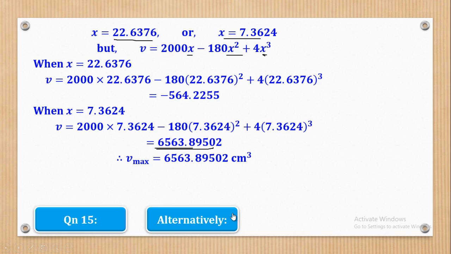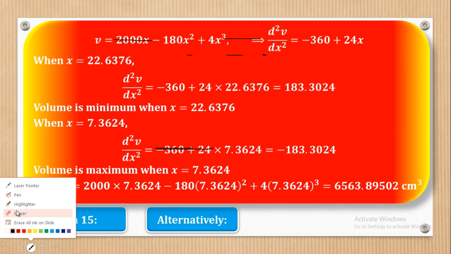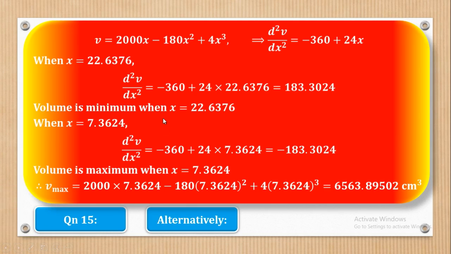However, there's also another method. We know that for the maximum, you can use the second derivative test. For this one I have to get the second derivative, which is this, and when I substitute x equal to 22.6376, I'll come up with my second derivative as positive, meaning this volume is minimum when x is equal to that.